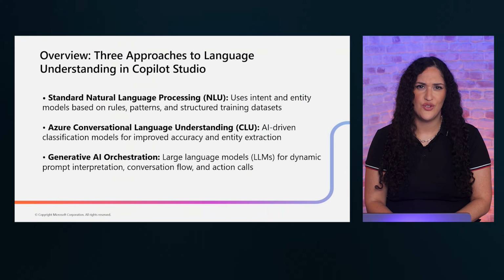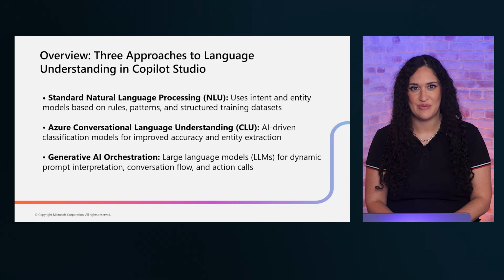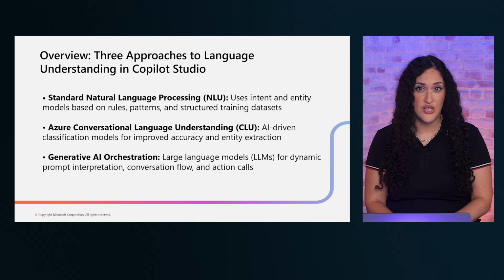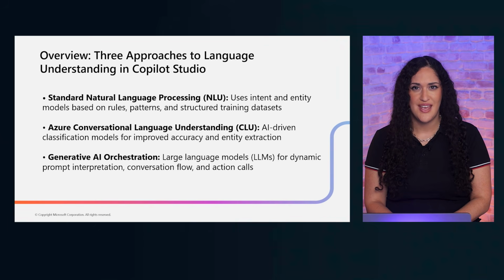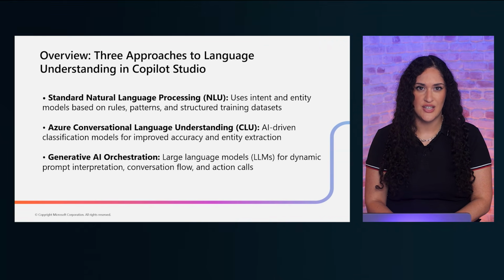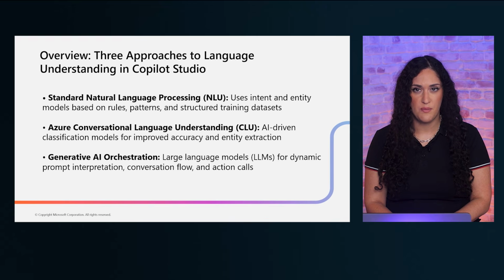Let's start with a high-level overview of the three approaches. Standard Natural Language Understanding, or NLU, relies on rules, patterns, and structured training data. It's predictable and precise. Azure Conversational Language Understanding, or CLU, steps things up with AI-driven classification, giving you better accuracy and entity extraction across more varied inputs.